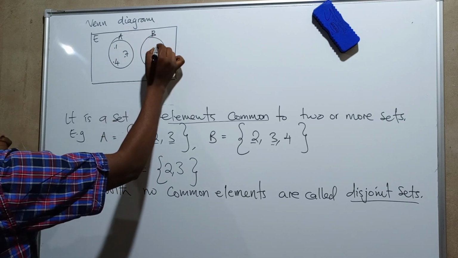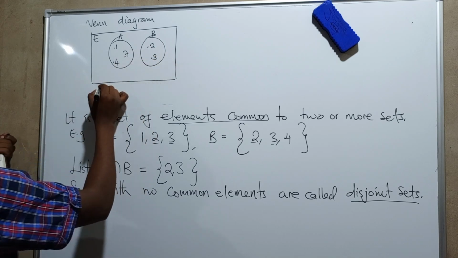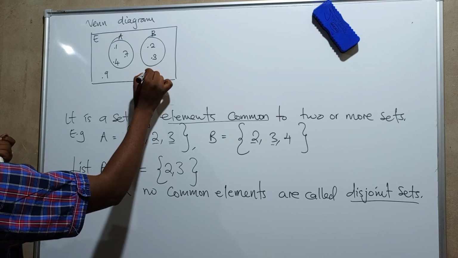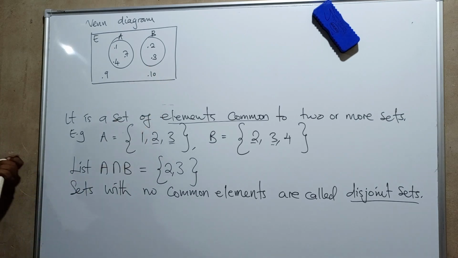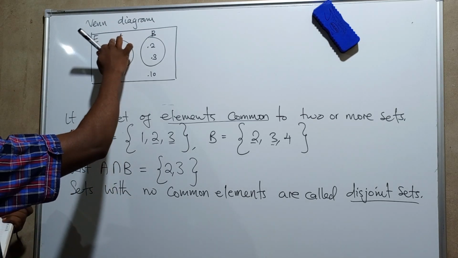Then this one has 2 and 3 as elements. Then we have other elements here like 9 and 10. Now, this is a Venn diagram.